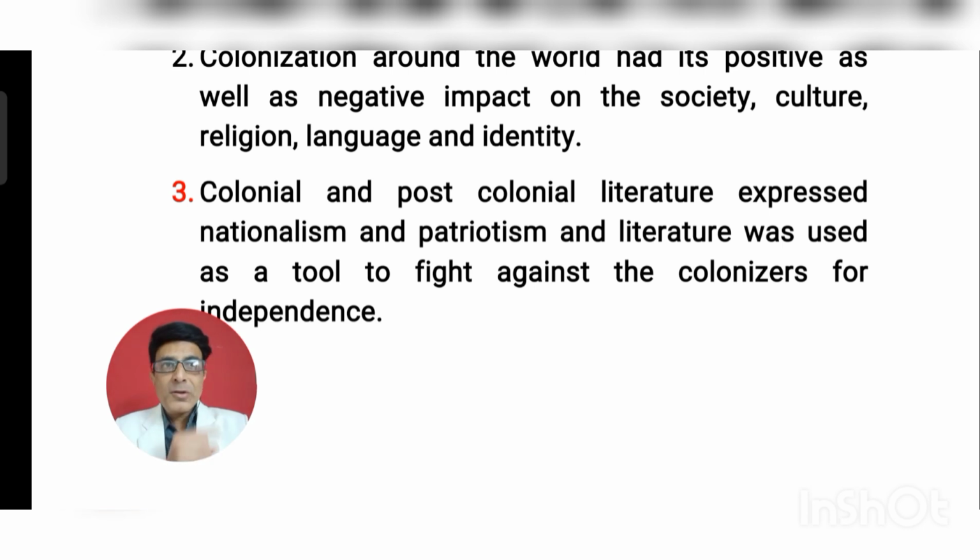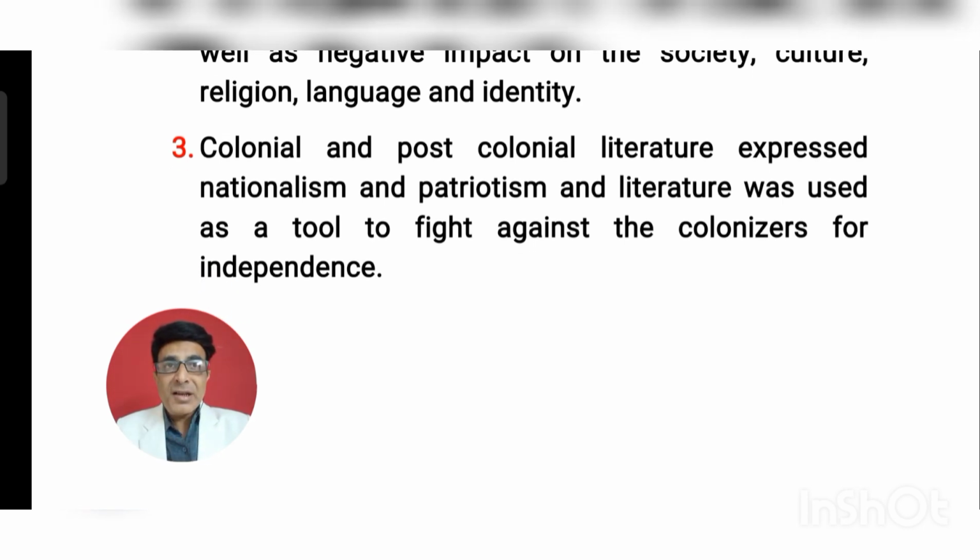Colonial and post-colonial literature expressed the spirit of nationalism, the spirit of patriotism, and was used as a tool, as a weapon of the authors to fight against the colonizers for independence.